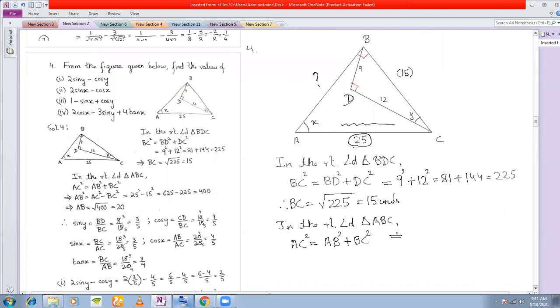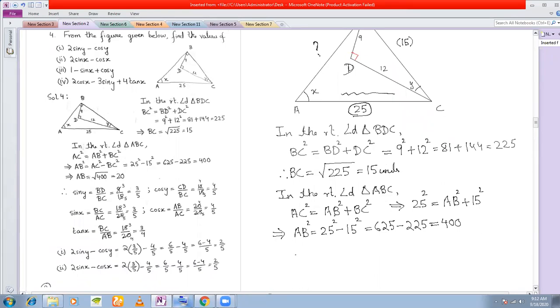AC, the length of AC they have given as 25, which is 25 square. The length of AB we need to find out, and the length of BC square is 15 square. So therefore what you get here is AB square is equal to 25 square minus 15 square, which is 625 minus 225, which is 400.